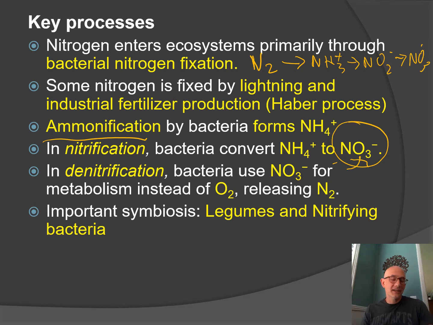All right, so legumes are plants, things like peas and beans, that have cooperated with nitrifying bacteria, and the bacteria live in these tiny little root nodules, and they absorb nitrogen and convert it to nitrate for the plants, and then the plants feed the bacteria sugar, so it's a nice little mutualism.